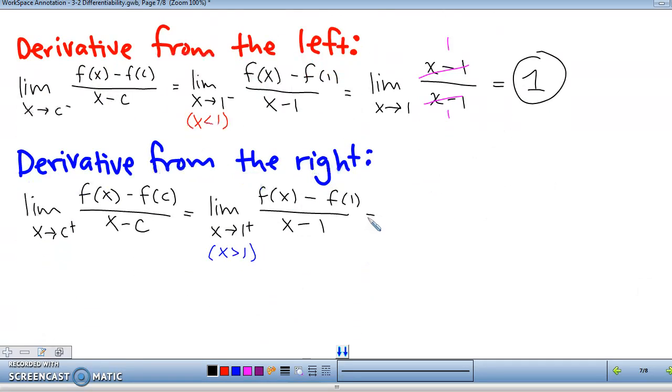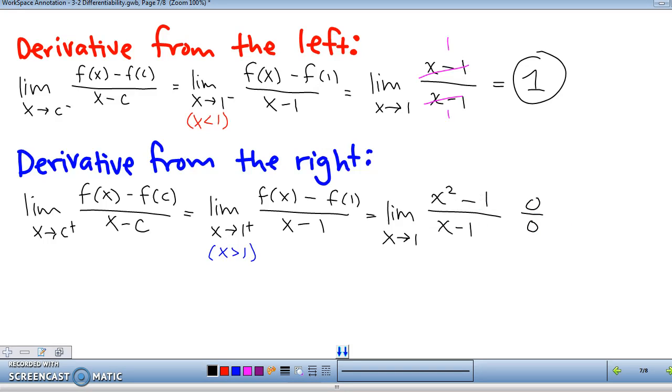So we get the limit as x approaches 1 of x squared minus, when you plug 1 into x squared, that's 1 squared, which is the same as just putting 1, so x squared minus 1 over x minus 1. Direct substitution right now will produce 0 over 0.